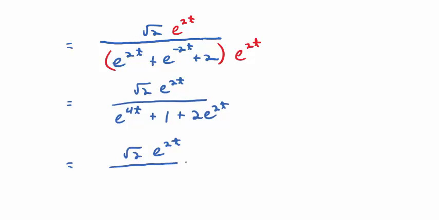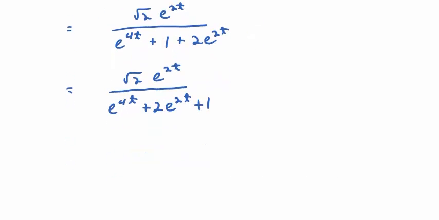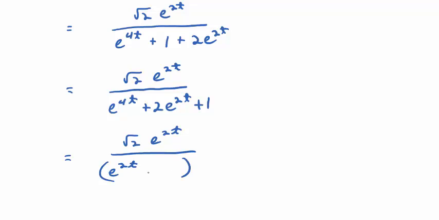If you reorder the addition in the denominator, you get e to the 4t plus 2e to the 2t plus 1, and that turns out to be a perfect square. It'll factor to be e to the 2t plus 1 squared. The reason I know that is I know a formula from algebra.